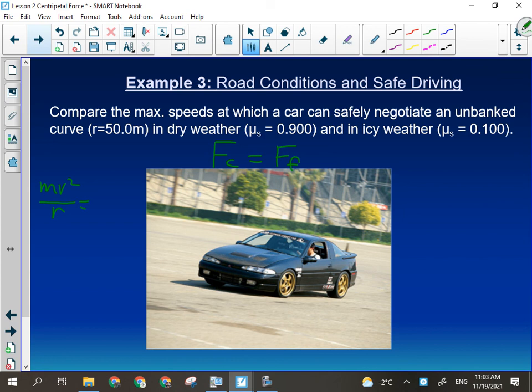How do we calculate force of friction? Force of friction equals mu times the normal force. Now, because this corner's flat, it's not banked, normal force is equal to what force? Gravitational force.